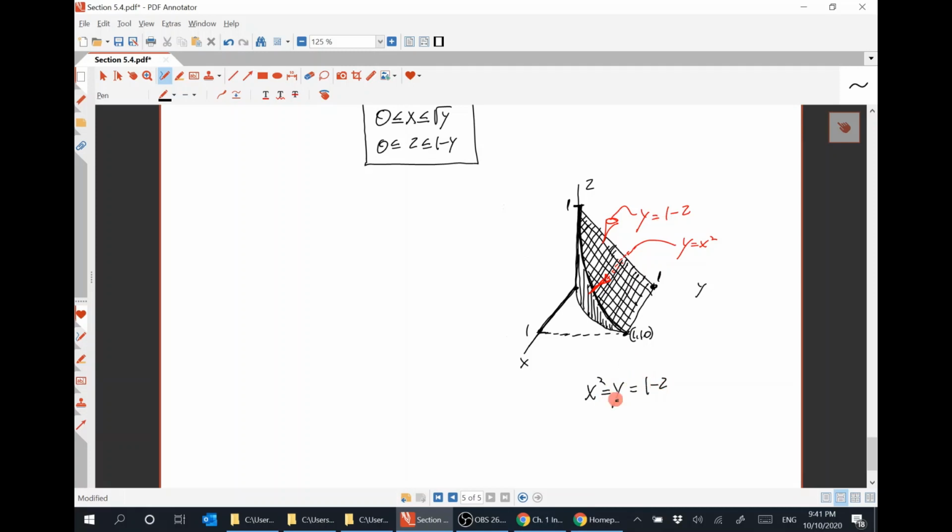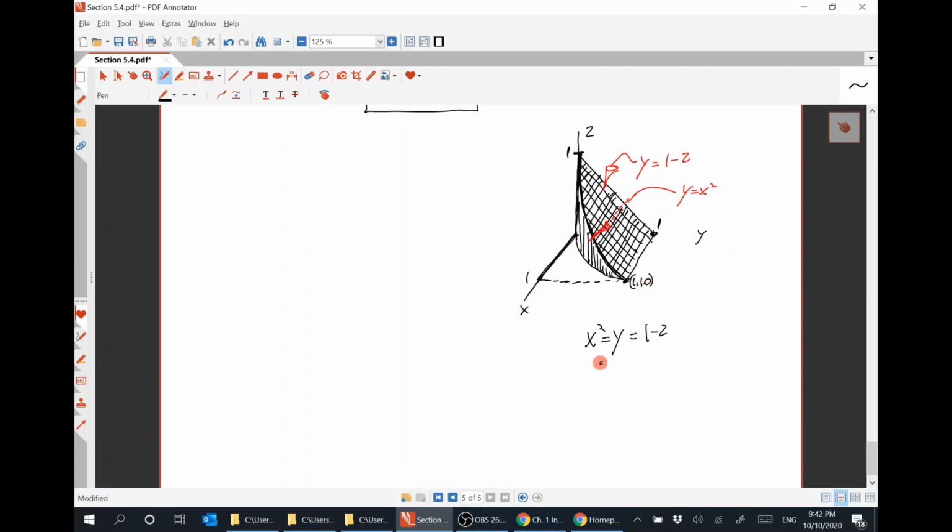So I want to eliminate the y, right? I want to see what the shadow of this edge here is in the xz plane. Well, x squared is equal to y, and y is equal to 1 minus z. So this gives me x squared equals y equals 1 minus z. So I'm left with z equals 1 minus x squared.